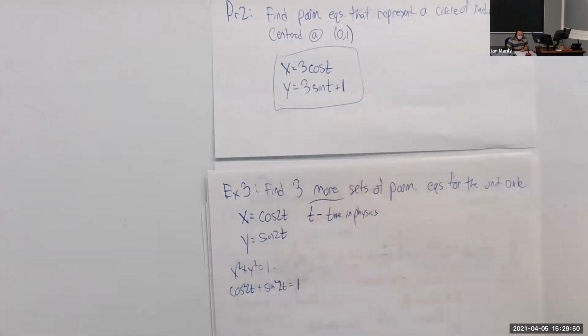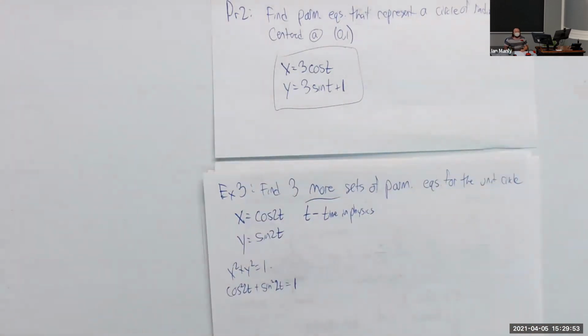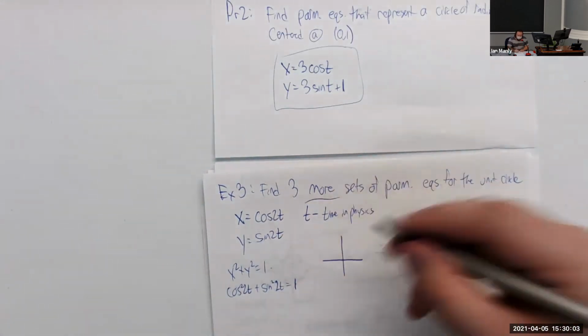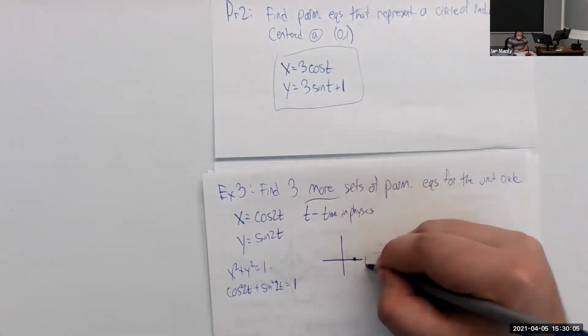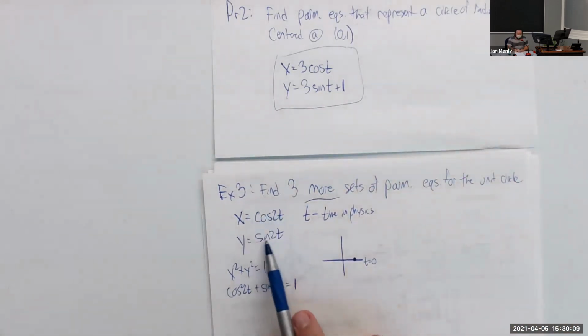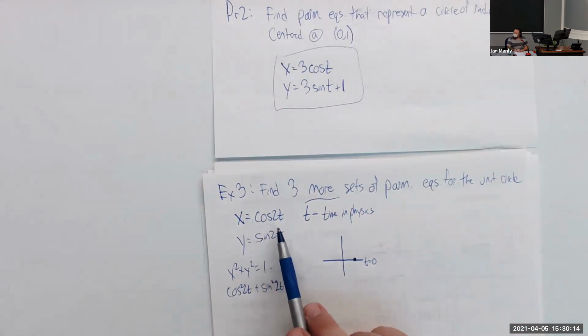Now, one way you can imagine these parametric equations is as the x and y positions of a particle moving along the curve at a particular time t. So if we look at this circle, we start here at t equals 0. How long will it take us to get around the entire circle if we use these parametric equations right here? How long will it take to get all the way around?